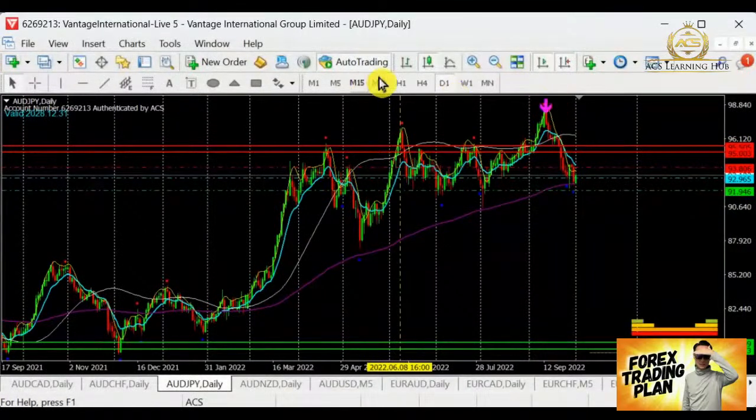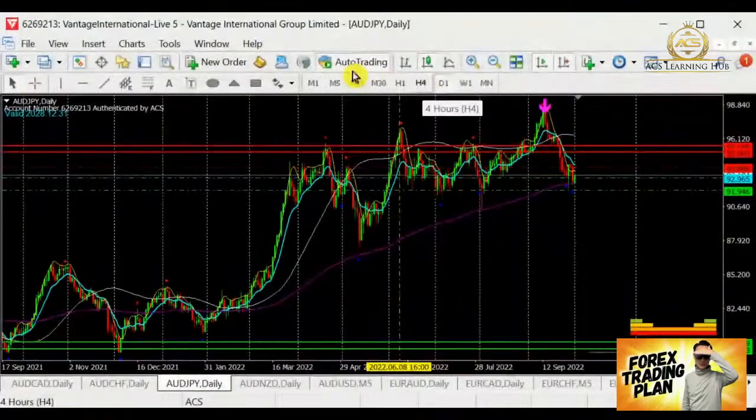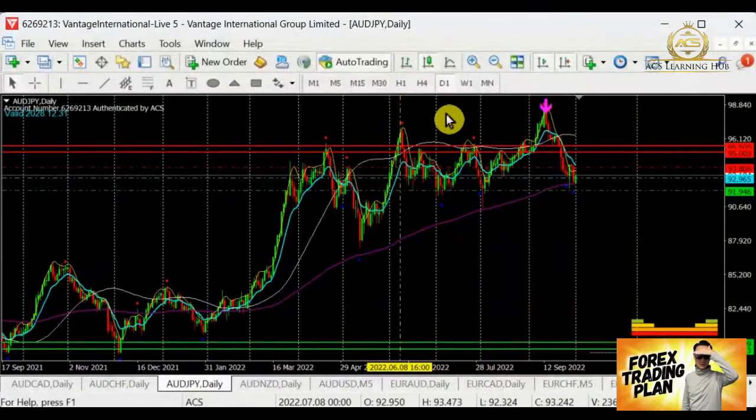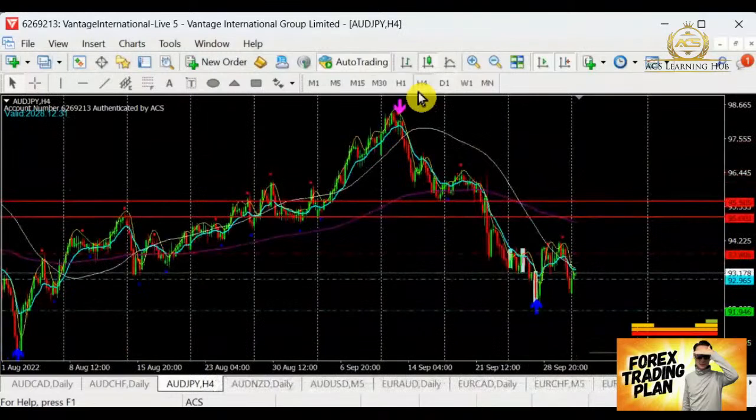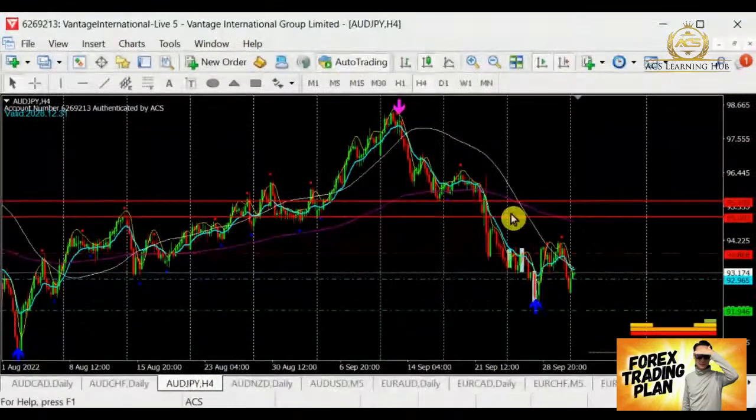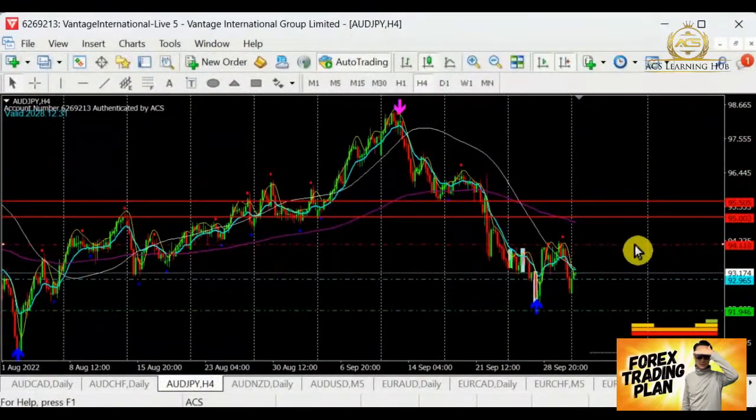Right now we are into the bear, but the bear trend has just started. As we can see, this is having a retracement today once again, and I'm still looking for points where we can have a chance to sell.